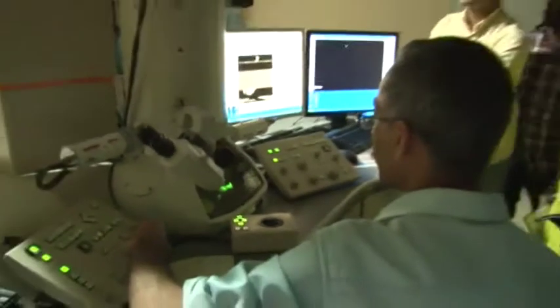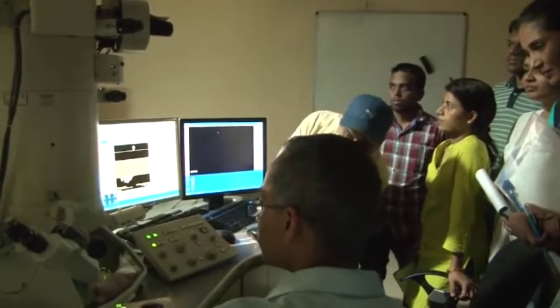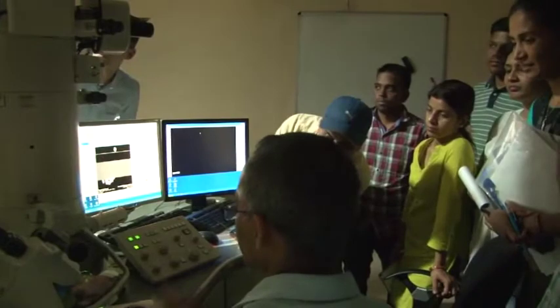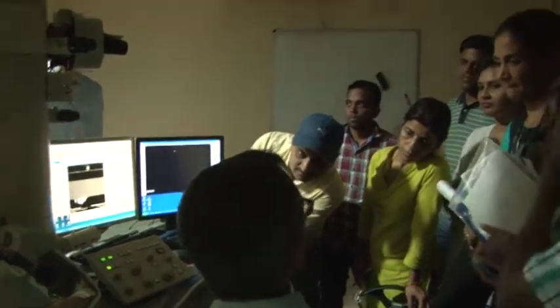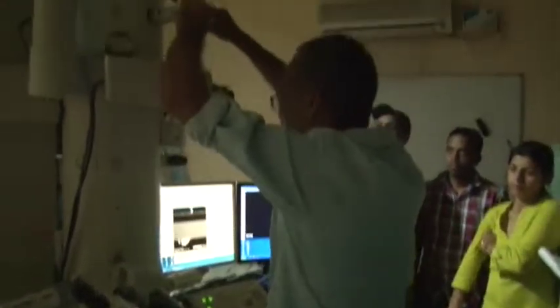So this is, let us say, our focus position, and if I go to over focus, it is coming to this side. If I go to the other side, it's going to the other side. So this is what we want to correct. Now it is off, so I will bring it to the center.